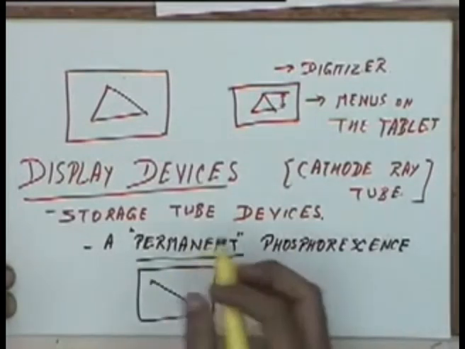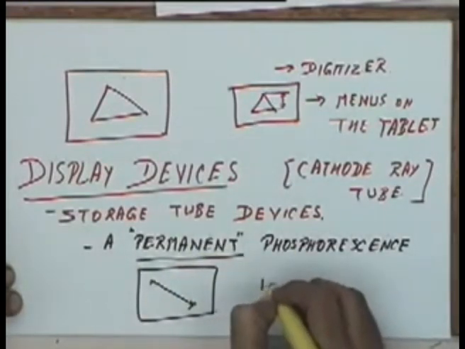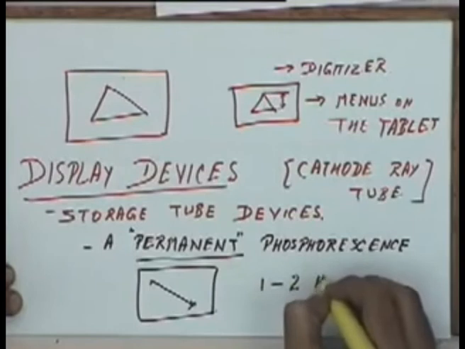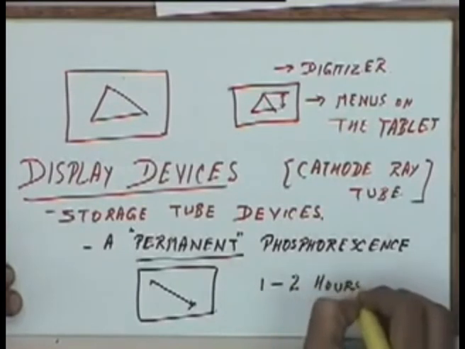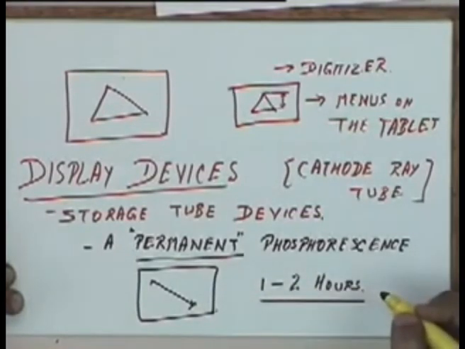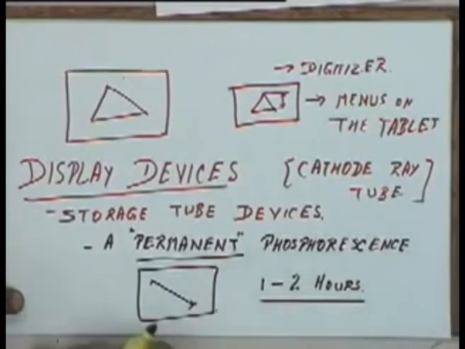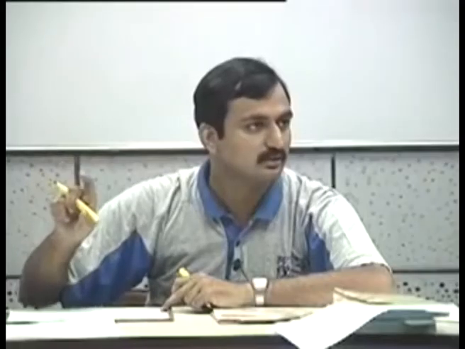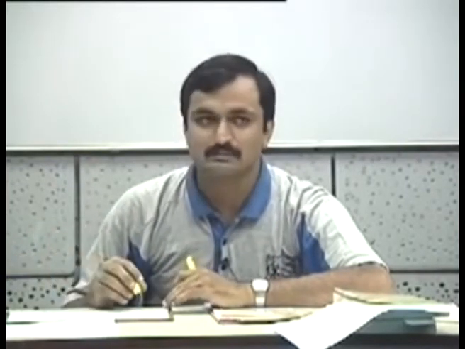Permanently means the visibility of this is of the order of about 1 to 2 hours. That means if you make any figure or write any text on that, it will be visible for about an hour or two. These days, I presume you have not seen any such devices.